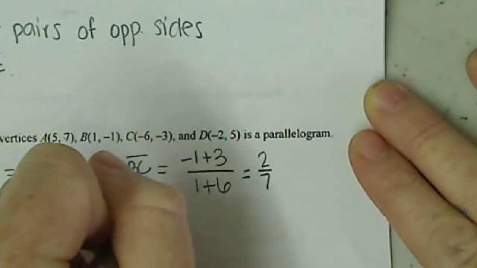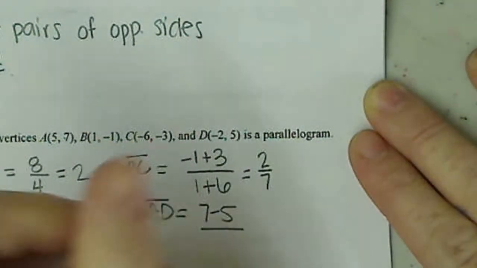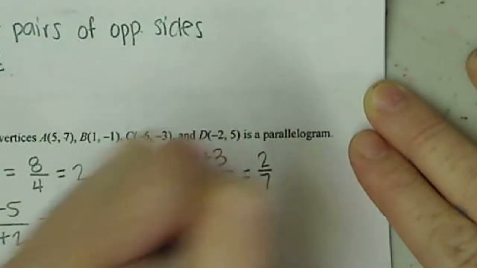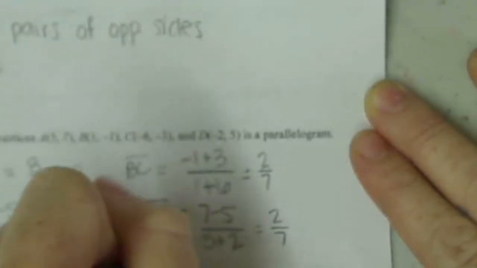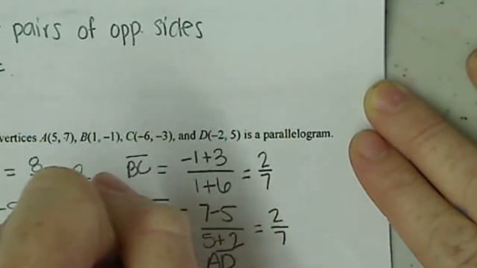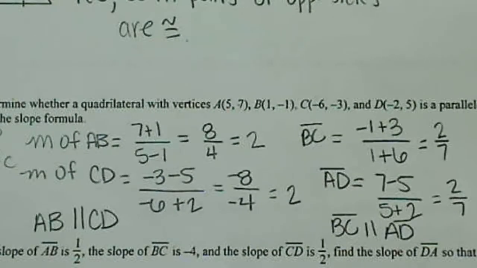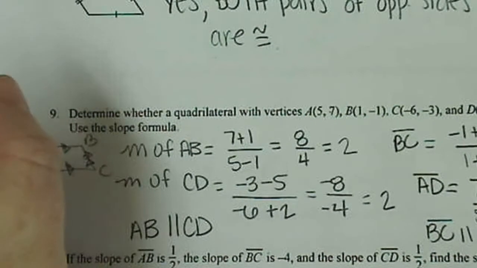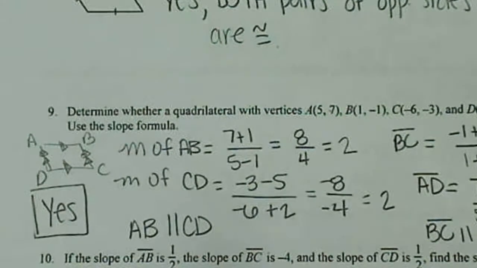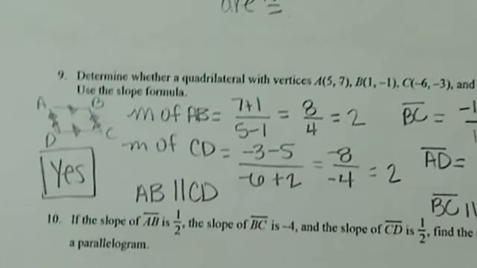And the slope of AD is 7 minus 5 over 5 plus 2, which is also 2/7. So BC is parallel to AD. We have both sets of lines that we just proved are parallel. So is this a parallelogram? Yes. And here's my justification or my reasoning right there. You have to have proof. You cannot just say yes or no.